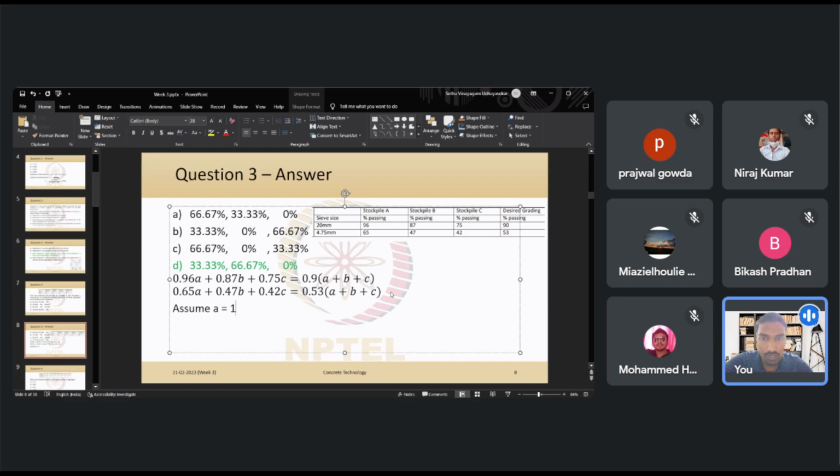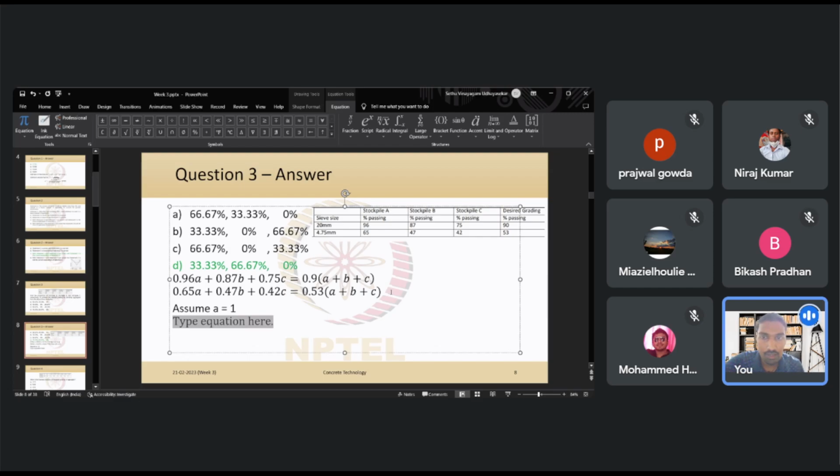Okay, so if you assume A equal to 1, then the first equation can be simplified, right? So it will just become 0.96 plus 0.87B plus 0.75C. That will be equal to 0.9B plus 0.9C plus 0.9, right? But just substituting the value of A to be 1.